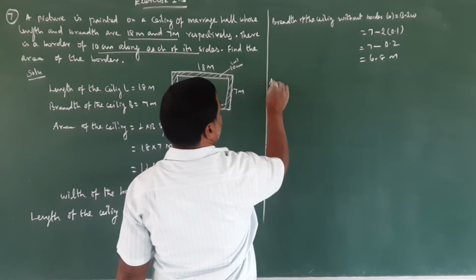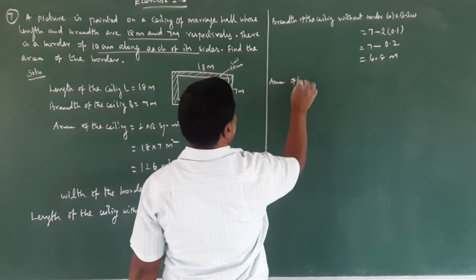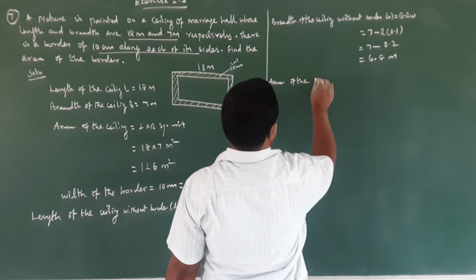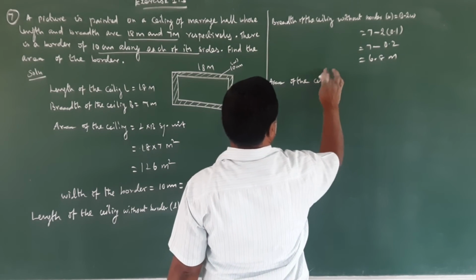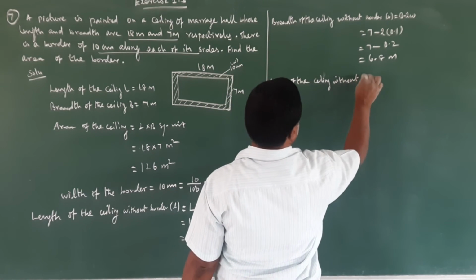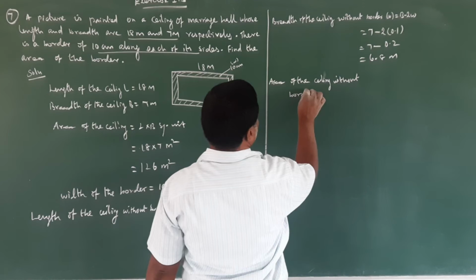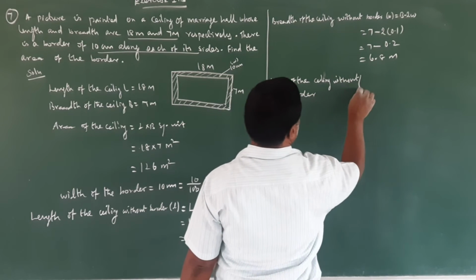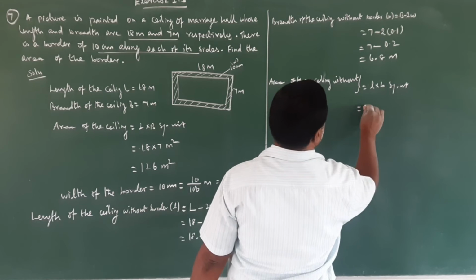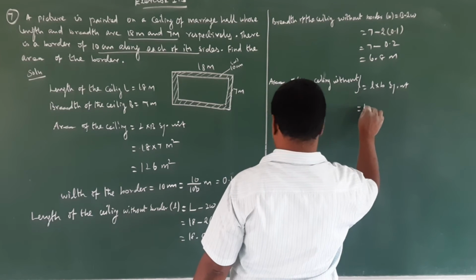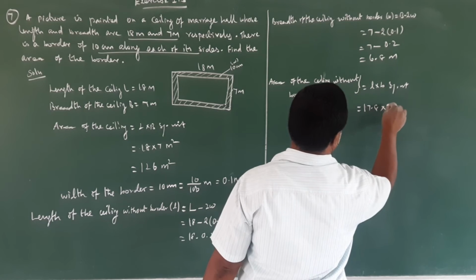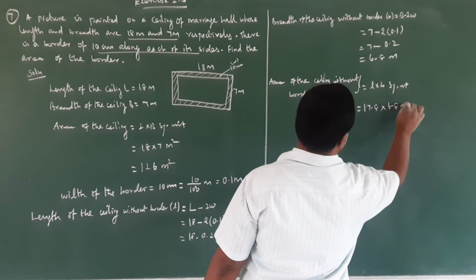Now area of the ceiling without border equal to L into B square unit. Now L 17.8 into 6.8 meter square.